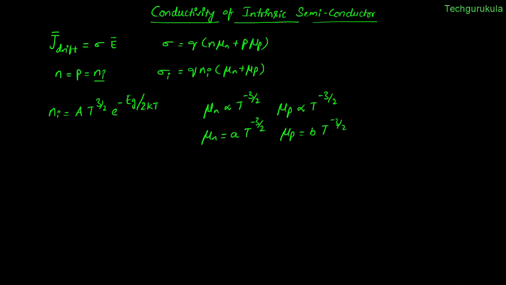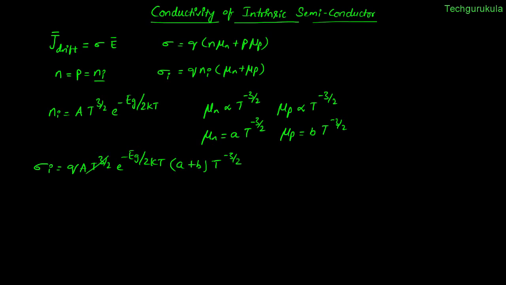Now we know the expressions for ni in terms of temperature and mu n and mu p in terms of temperature. So let me rewrite this expression, where sigma i is equal to q times a constant A times T power 3 by 2 times e power minus Eg over 2kT times the mu n plus mu p, which is (A plus B) times T power minus 3 by 2.